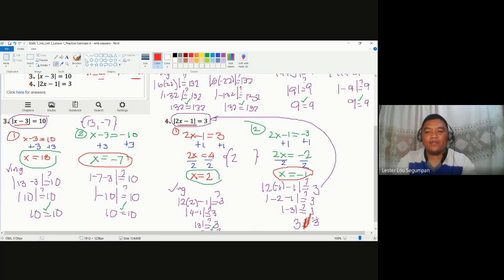But since we have checked earlier that negative 1 is really a solution, both of them are acceptable. We might see instances wherein some are not solutions in the next practice exercise. But as far as this practice exercise is concerned, this is how it's done.